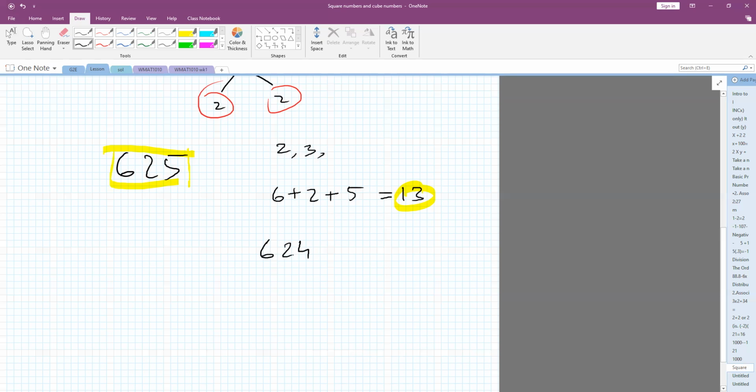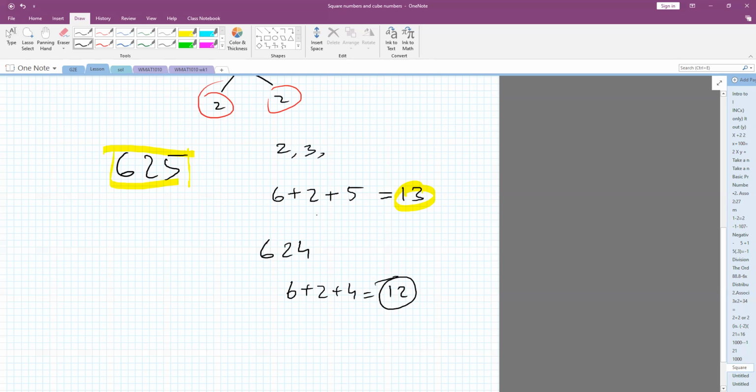Because 6 plus 2 plus 4 is 12, which is a multiple of 3. So that shows us 624 can be divided by 3. So when you want to know whether a number can be divided by 3, just add all of the digits and see if the total is a multiple of 3 or not.